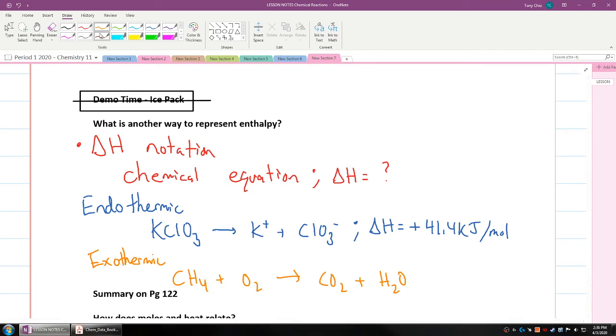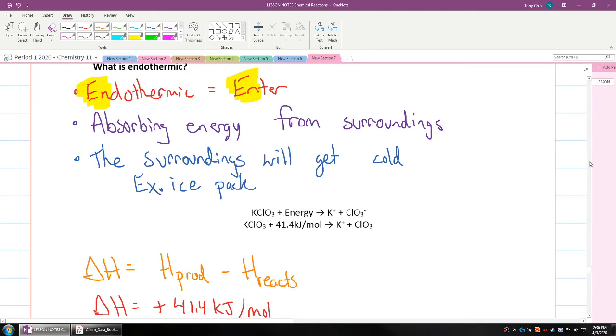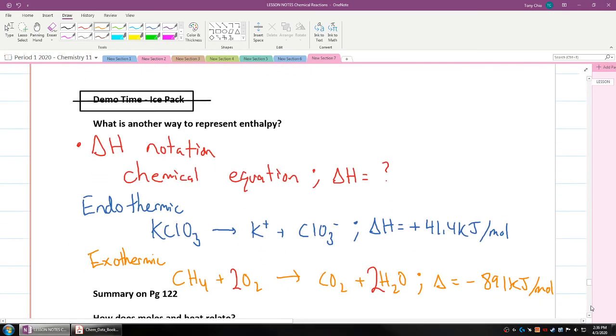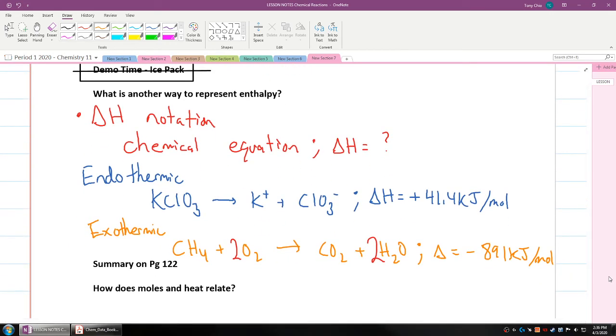If I balance this equation out, you see that the delta H was 891, but it's negative 891 kilojoules per mole. Correct? I think so. Let's check it out. 891, yep. So this is what we call delta H notation. It's where you have your chemical equation, and then with a little semicolon, delta H is equal to whatever value.